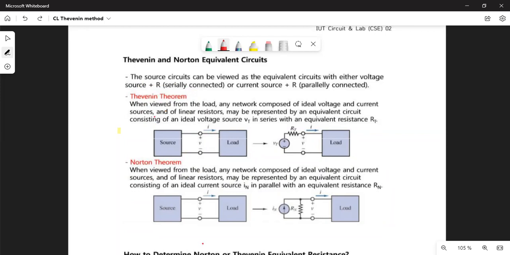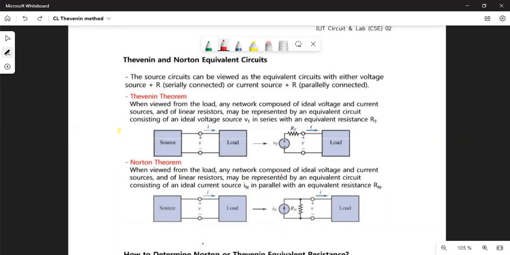According to Thevenin theorem, all of the sources will be equivalent to a Thevenin voltage source, this independent source, and Thevenin resistance, as you saw here. And according to Norton theorem, there is just one difference between these two theorems.